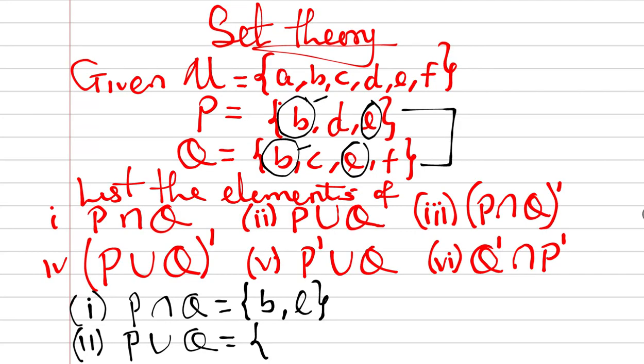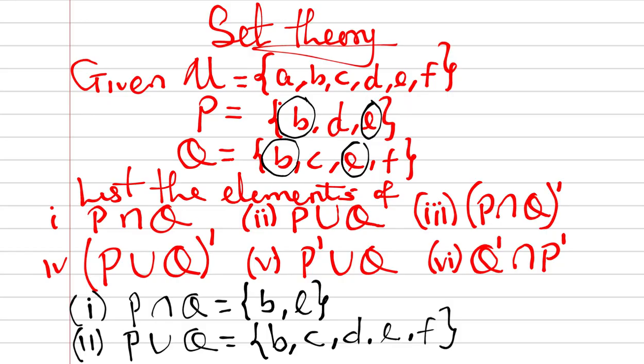So the union here will be B, since B is in P, then followed by C, then D, then E, then F. So this is the union of P and Q. Are you following?